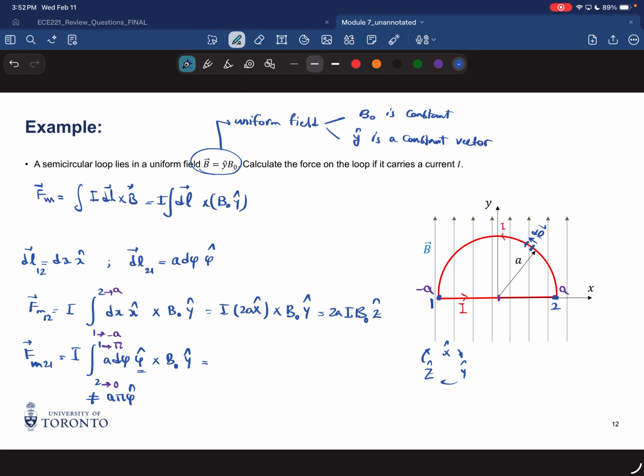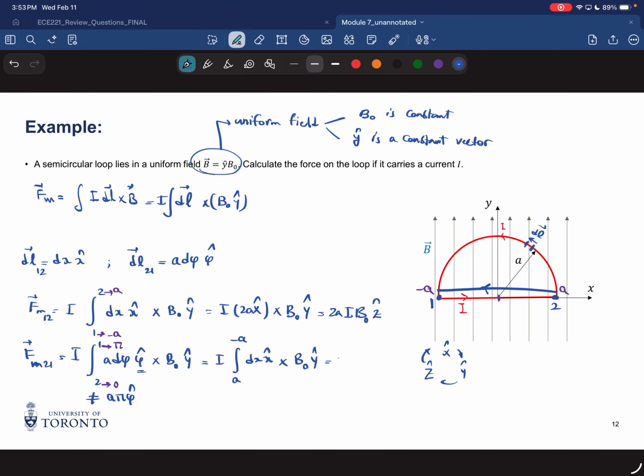Yeah, but at the same time, you can go through all of that, decompose phi hat to two constant x hat and y hat and then do the integral. Or you can say, I already know that from point 2 to 1, this is equal to this. It's equal to I dx x hat from point a to minus a, cross B naught y hat.